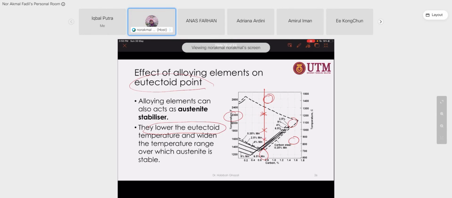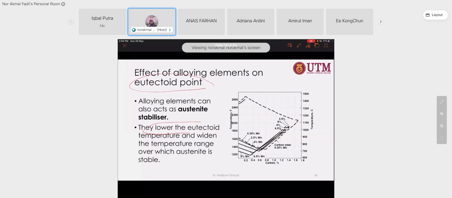Another thing to be considered is adjusting the carbon content and the manganese content.